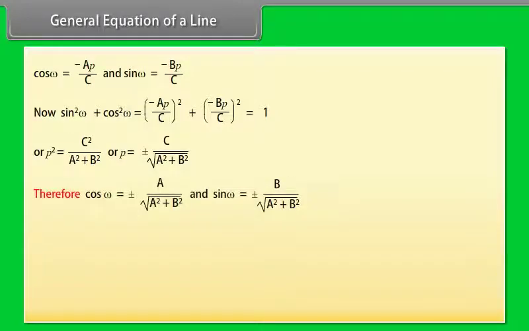Therefore, cos ω = ±a/√(a² + b²), and sin ω = ±b/√(a² + b²).